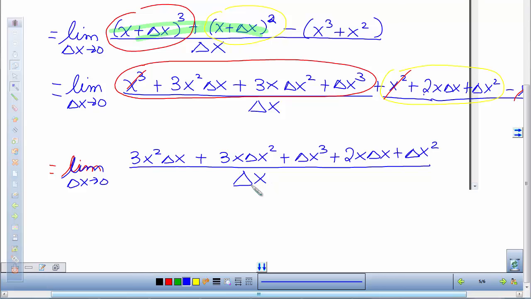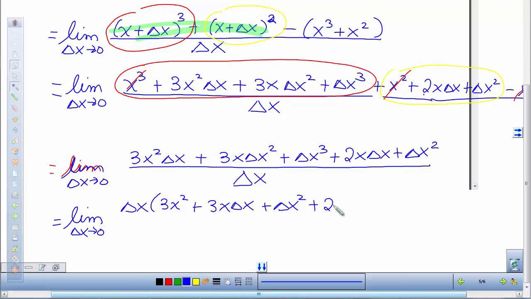Okay. And now I'm going to factor delta x from my numerator. We've got 3x squared plus 3x delta x plus delta x squared plus 2x plus delta x, all over delta x.